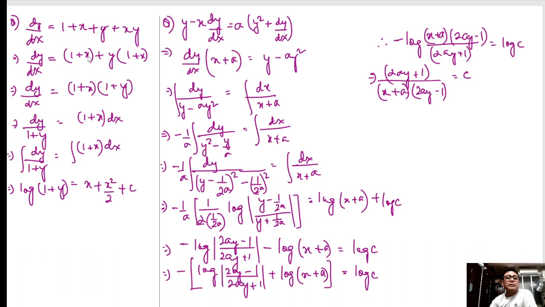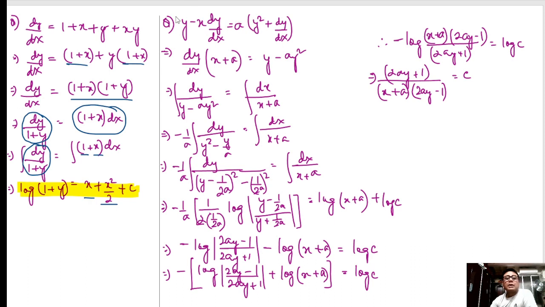So now again taking the 1 plus x common, and now separating the y part and the x part and putting the integration sign. This is log 1 plus y, integration of this, and this is x plus x square by 2. So this is our solution of this equation. Okay, so this is our solution.